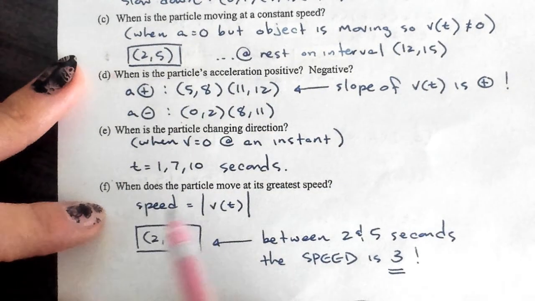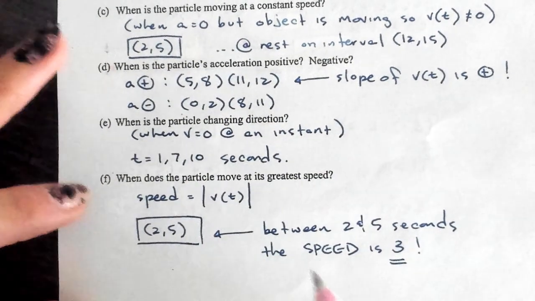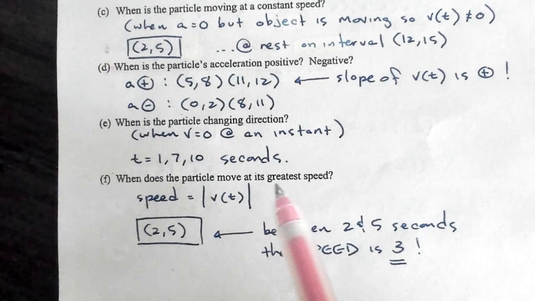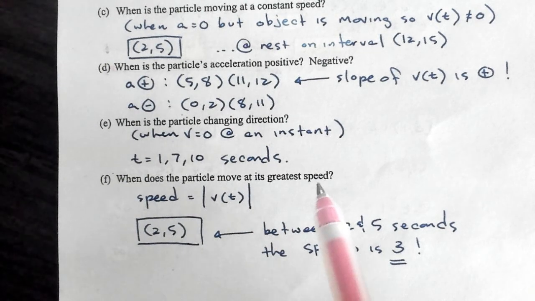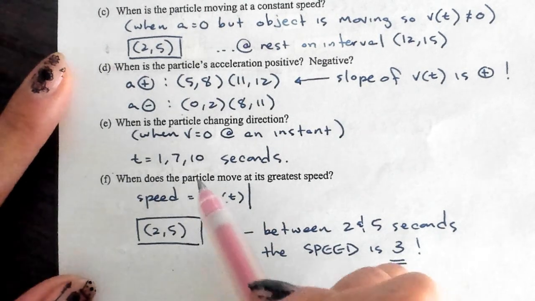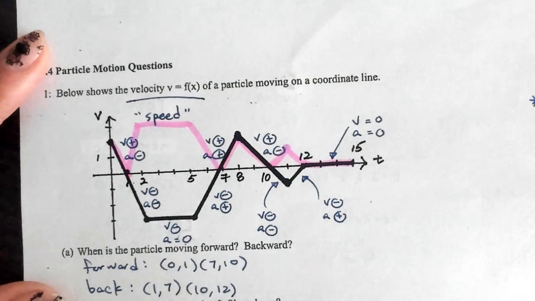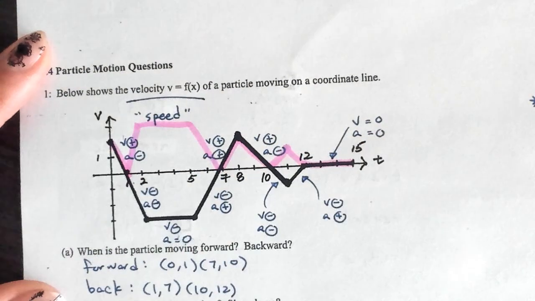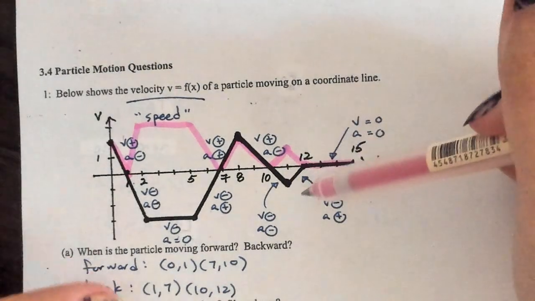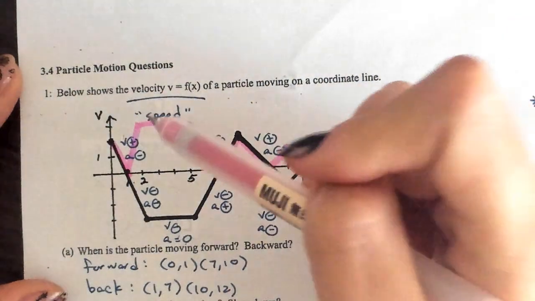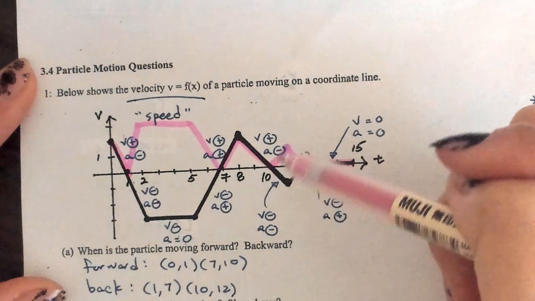Okay. And then this is interesting. I like this question down here. When does the particle move at its greatest speed? Remember, speed is the absolute value of velocity. So what I did here is I used a highlighter and I bounced everything up to make a positive graph of speed.